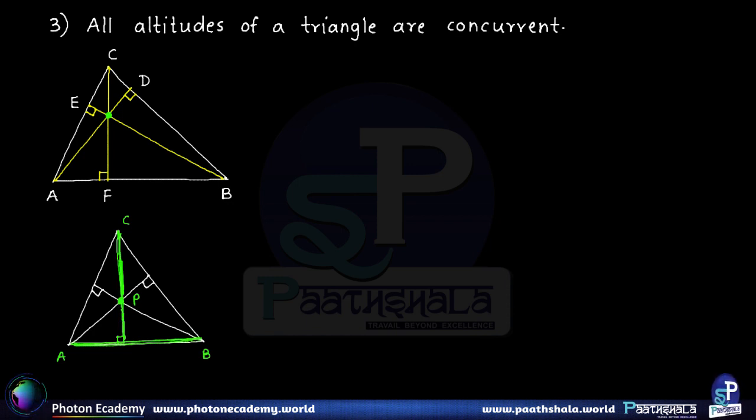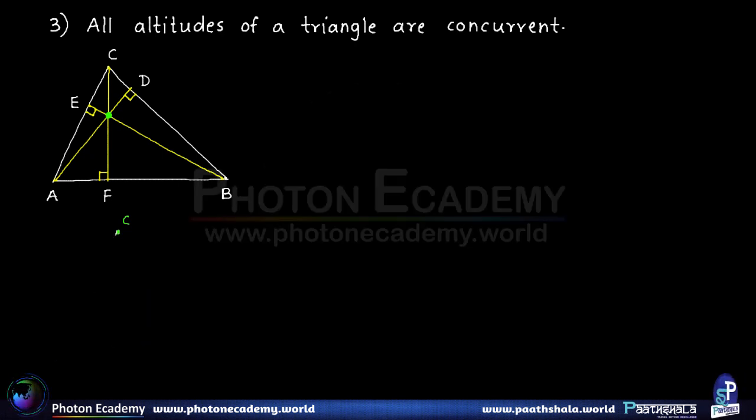That would prove that the third altitude also passes through the same point P. This is the general scheme we are going to follow. So let us first name the point of intersection of AD and BE.